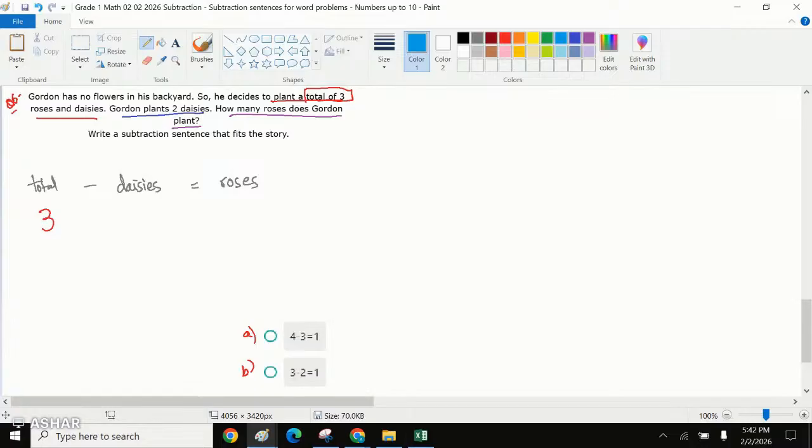Out of these 3, 2 are daisies, right? Then the roses were, yes, thank you, Adeboy. That would be 1. This is the subtraction sentence. When we look at the options, option B is the correct answer, right? Option B is the correct answer.